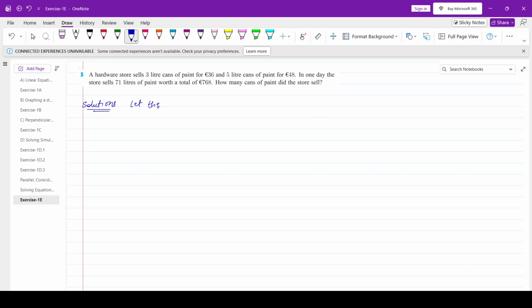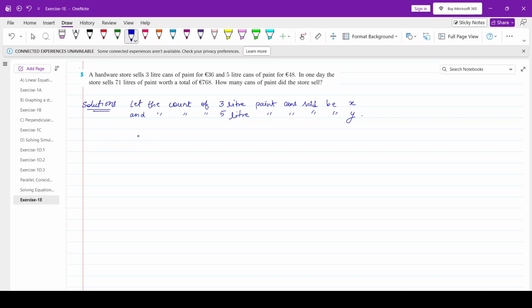So let the count of 3-liter paint cans sold be X, and the count of 5-liter paint cans sold be Y.